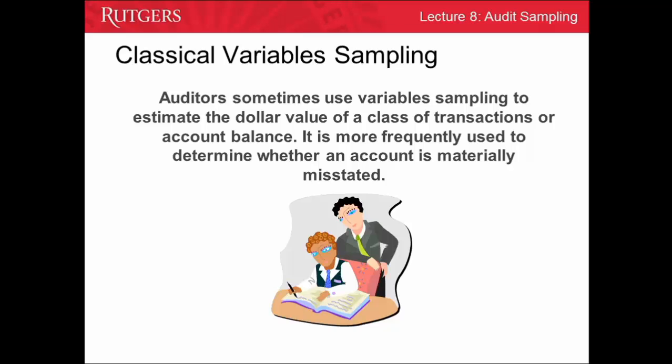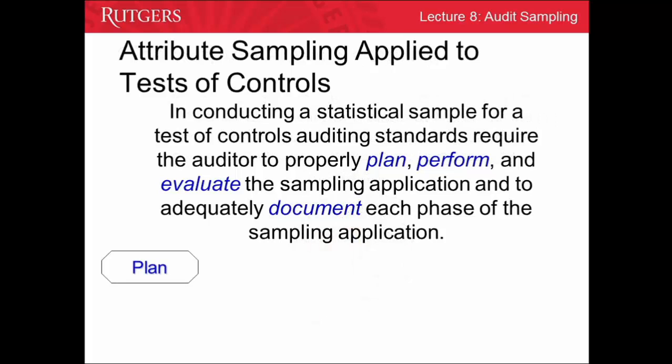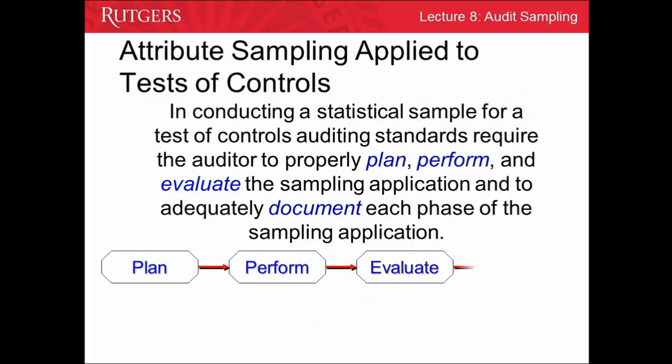Then I'm going to elaborate on the application of these statistical and non-statistical sampling techniques in the audit test. First, I'm going to talk about attribute sampling applied to tests of controls.